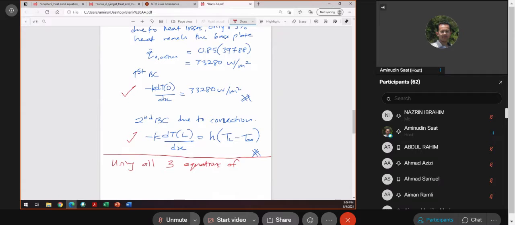You just need to state, you don't need to solve. Once you want to solve, you use all three equations, do some integration and find the temperature variation.